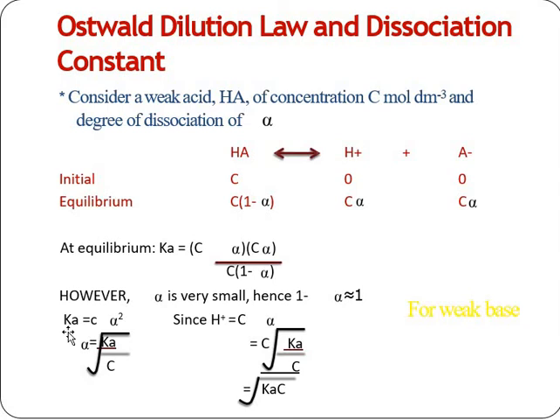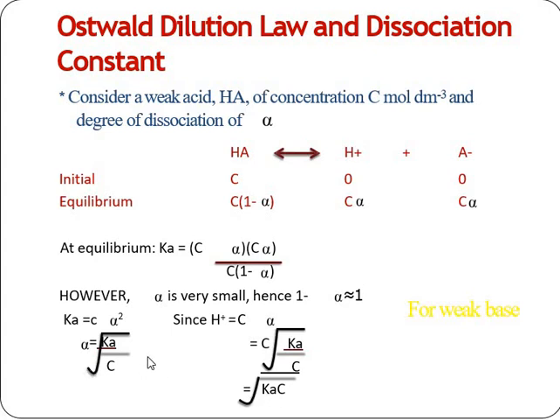Hence alpha is equal to root of Ka divided by C. This is the relation between degree of dissociation and dissociation constant. Alpha is equal to root of Ka divided by C. And similarly, for weak bases, alpha is equal to under root of Kb divided by C.